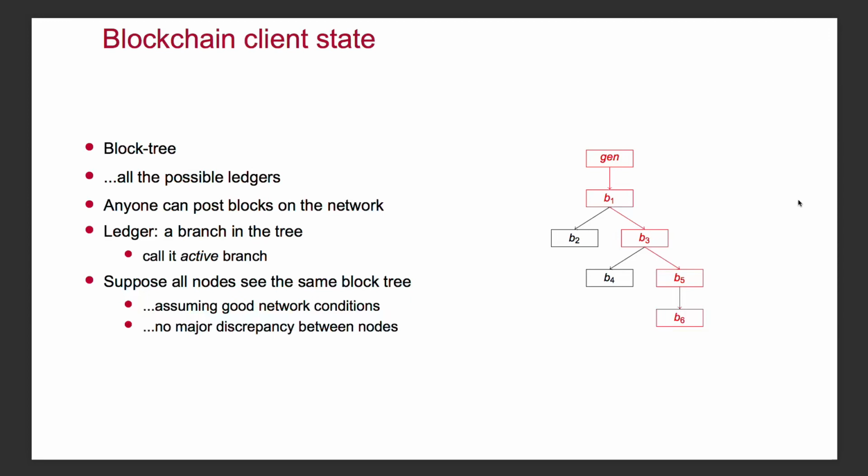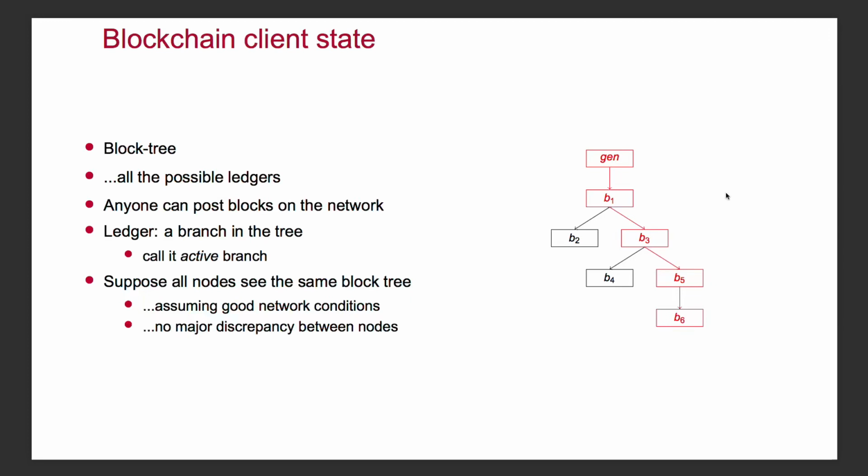For each node, the ledger is a branch from the genesis block to one of the leaves. We could call that the active branch. In theory, a node could also switch to a different branch. For example, it could have B4 be the final block here, with Genesis, B1, B3, and B4.